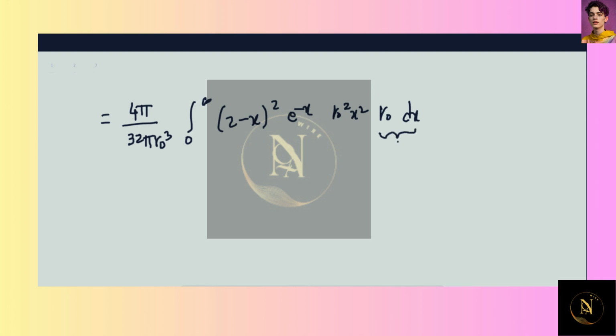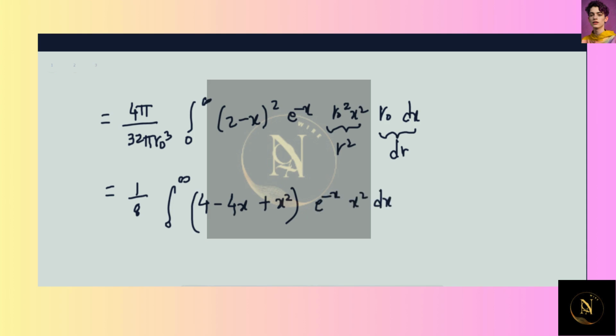So this term is dr and this term is r squared. So we have 1 over 8, integral from 0 to infinity of (4 minus 4x plus x squared) times e to the power minus x x squared dx.